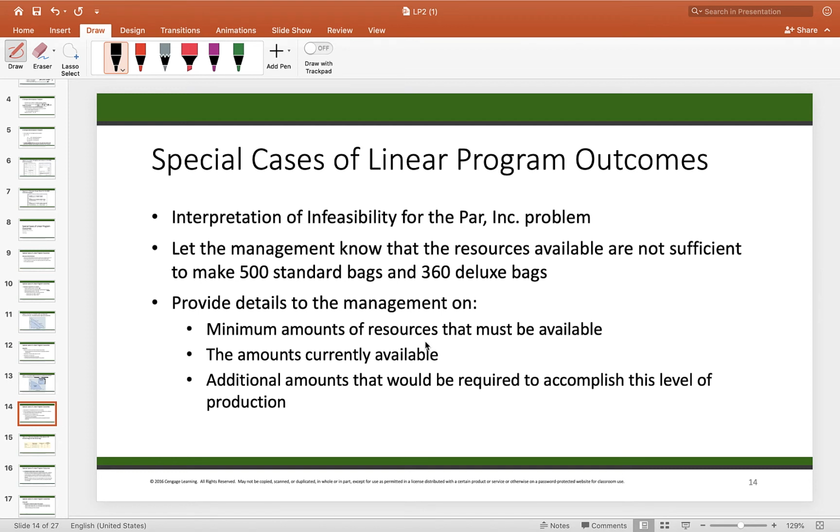If you really want to make 500 standard bags and 360 deluxe bags minimum, then we can actually tell the management what they have to do, what resources they're short on, and what they need to increase their resources by to make this happen. And that may be very valuable information for the management to have.